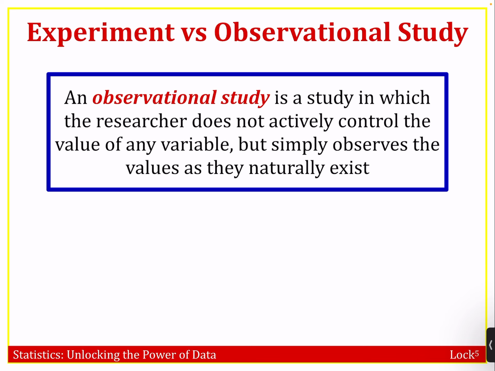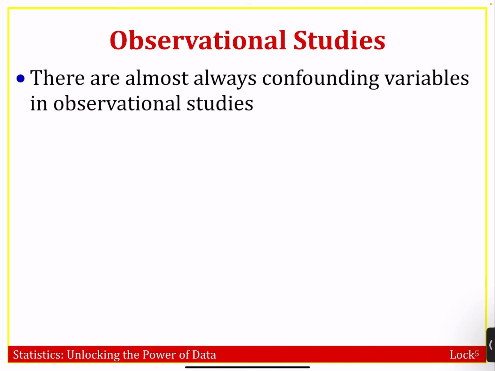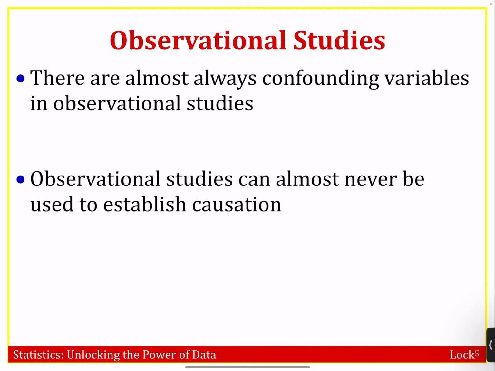Now, contrast that with an experiment. An experiment is a study in which a researcher actively controls one or more variables and measures another variable. Observational studies are almost always plagued by confounding variables, which means they can almost never be used to establish causation.